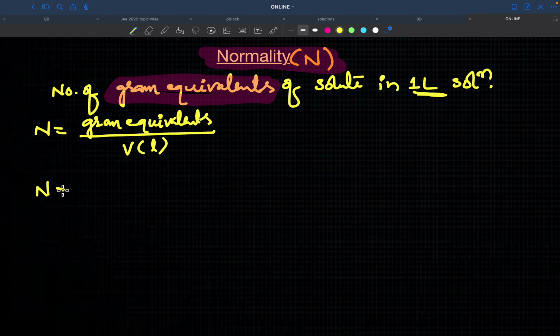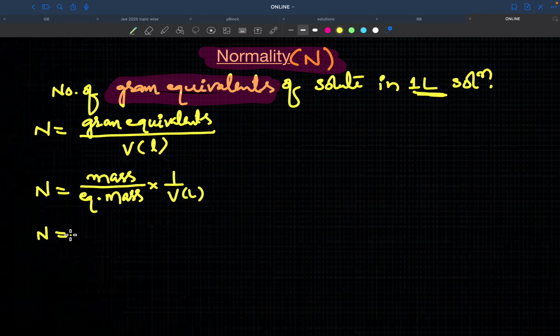And the same is equal to: gram equivalents is calculated by mass over equivalent mass, which should be multiplied by 1 by V in liters.